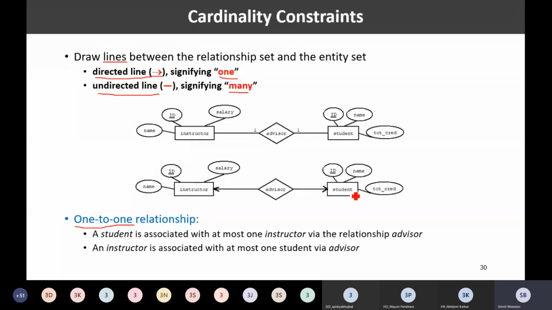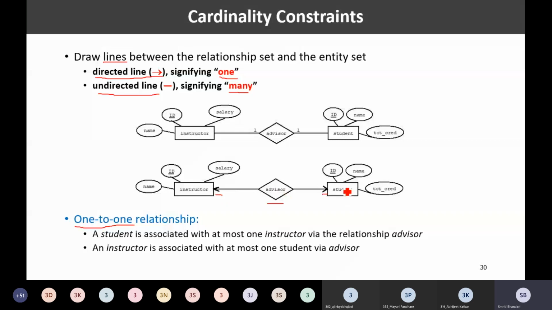I'll repeat: if a student is associated with at most one instructor, and the instructor is associated with at most one student, then this relationship set advisor is a one-to-one relationship. And to denote a one-to-one relationship in an ER diagram, we make use of these arrows. So towards one side, we have the arrows.